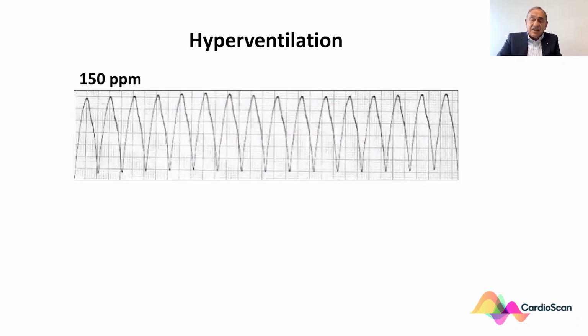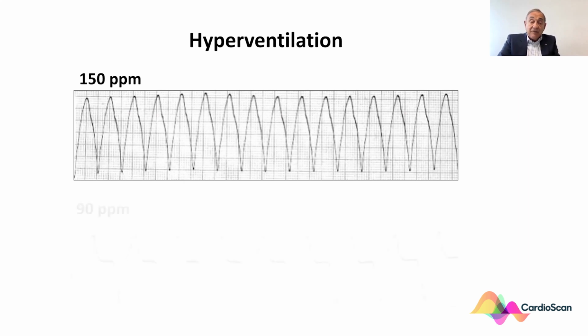One of the disadvantages of the minute ventilation sensor is hyperventilation. This is a patient who was admitted to the emergency room with profound anxiety and hyperventilating. It was quite clear that she was hyperventilating at the time, and this ECG was obtained at the upper rate limit of 150 beats per minute, and you can see there's no pacemaker stimulus artifact seen there, nor are there any of the other artifacts seen.